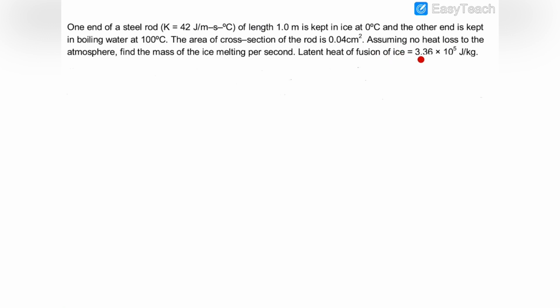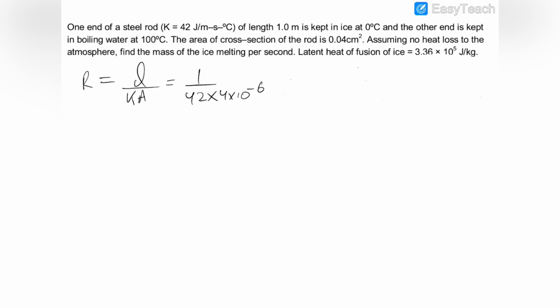It is also given that the latent heat of fusion for ice is 3.36 into 10 raised to power 5. Now obviously we have to find out the resistance of this rod first of all. So resistance would be L by KA. So L is 1, K is 42, and the area of this rod will be 4 into 10 raised to power minus 6.